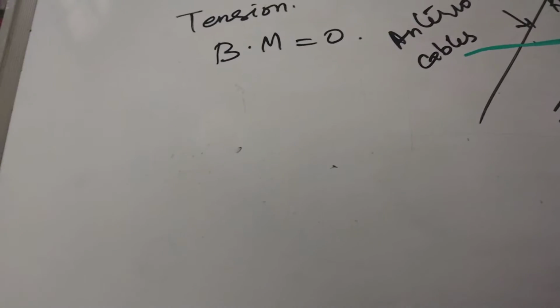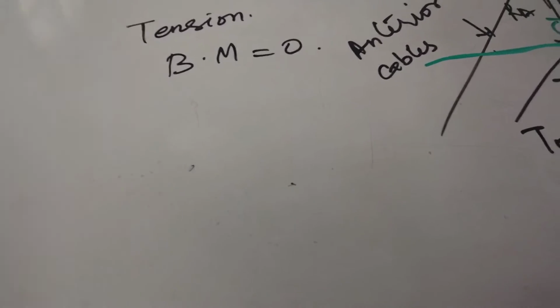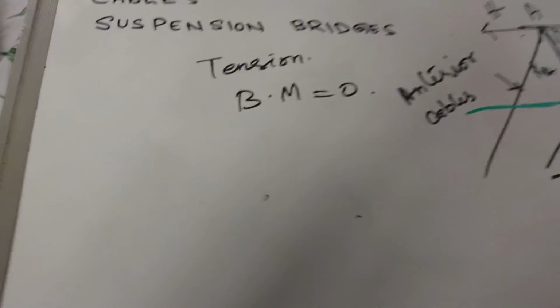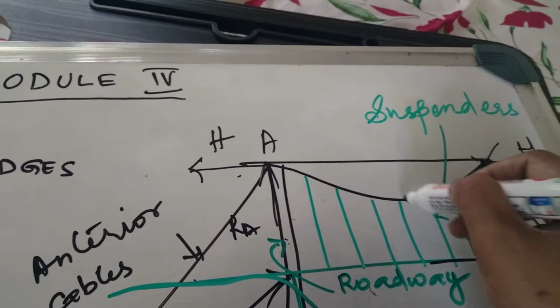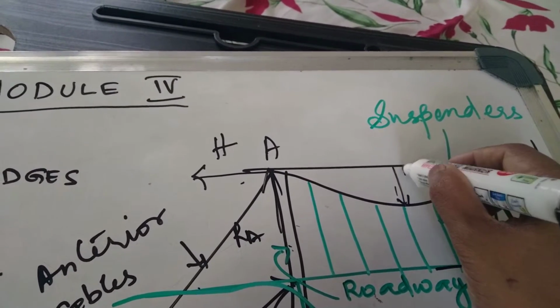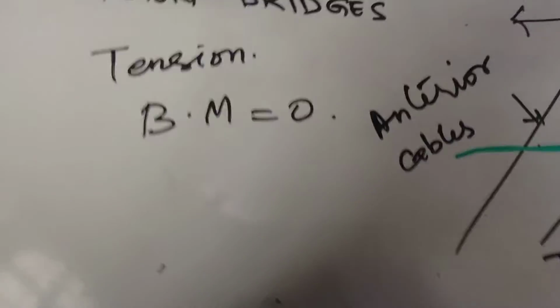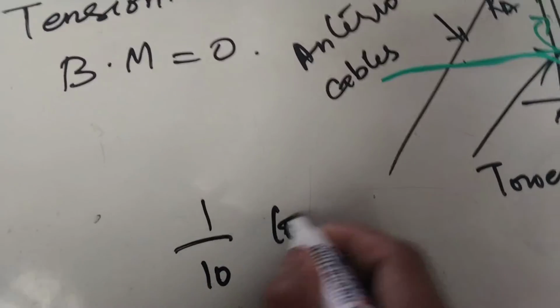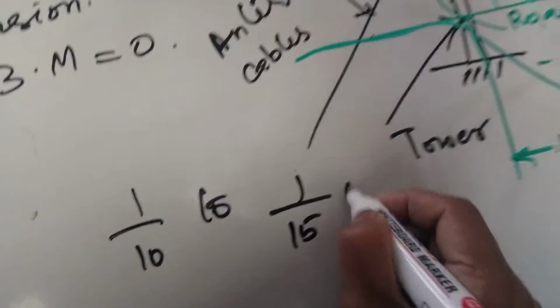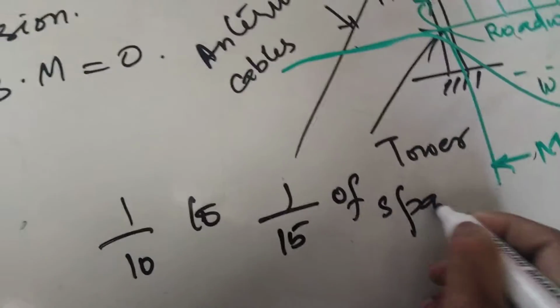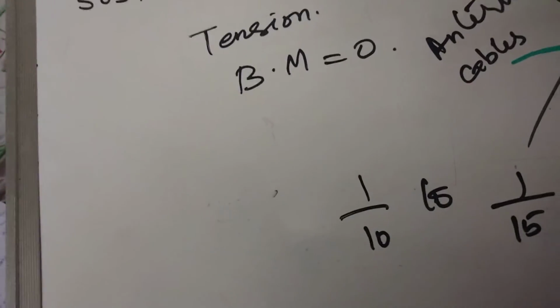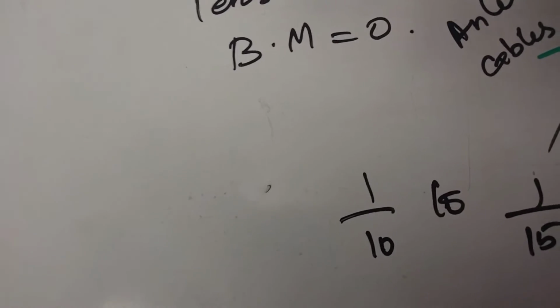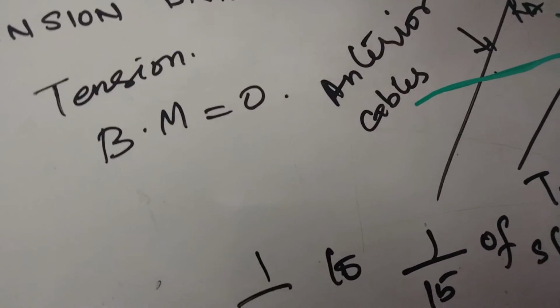The central sag or dip of the cable, that is this value, varies from 1/10 to 1/15 of the span. A suspension bridge is generally preferred where its span is more than 200 meters for a roadway or 300 meters for a light trafficway.